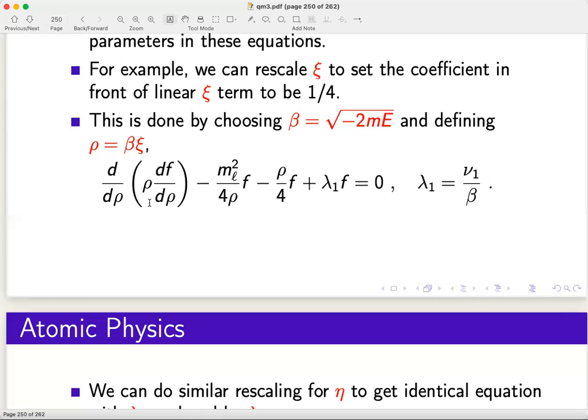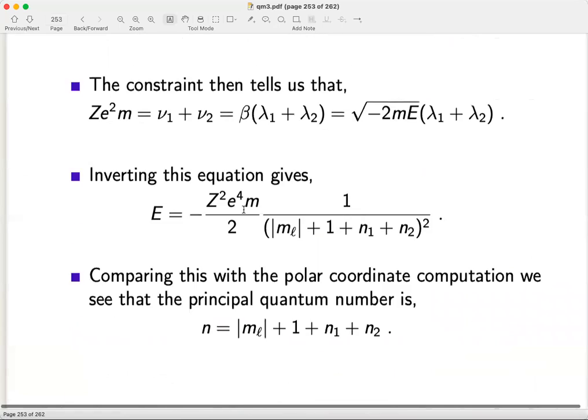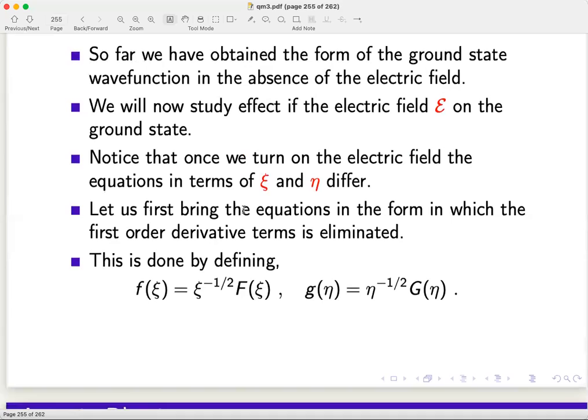But that is something we know from quantum mechanics 1, that if you get an equation which contains second derivative and first derivative, all you need to do is to write down the wave function in a specific fashion so that you can reduce that equation to a second order differential equation without a first order derivative term. That can be done in this particular case by doing the following redefinition.